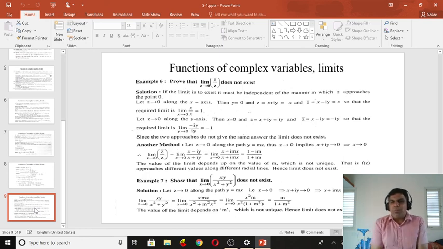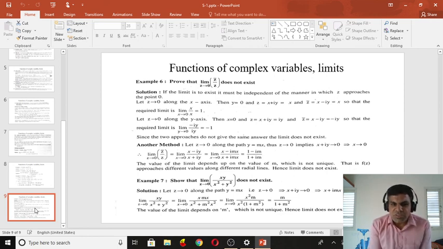Come to one more simple example: the limit as z tends to 0 of xy divided by x square plus y square does not exist. Let z tend to 0 along the path y equal to mx, that is, x plus iy tends to 0, and replacing y equal to mx, x tends to 0.